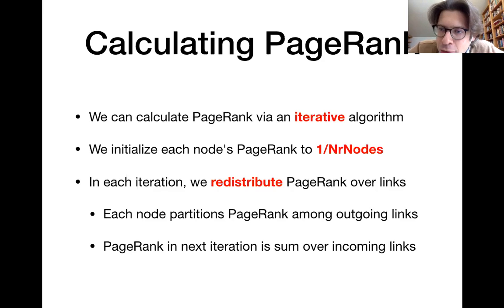The PageRank is essentially flowing along the outgoing links from a page, and each page partitions the PageRank equally among all outgoing links. In the next iteration, the new PageRank of a website is the sum of the PageRank packages distributed over all incoming links. We can iterate that a couple of times until it converges, and the result of the convergence represents the probability that the random surfer spends time on a specific site.